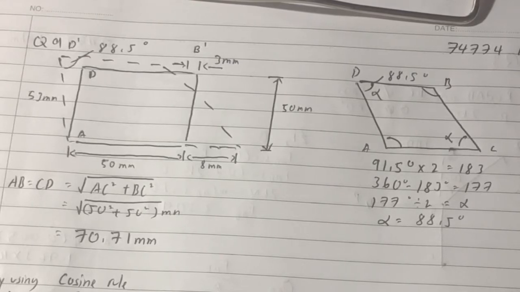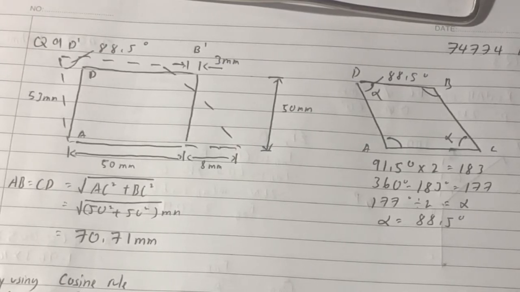So here we can find the length of AB and CD by using the Pythagoras theorem, which is 70.71 mm. And here we need to find the angle of each side.